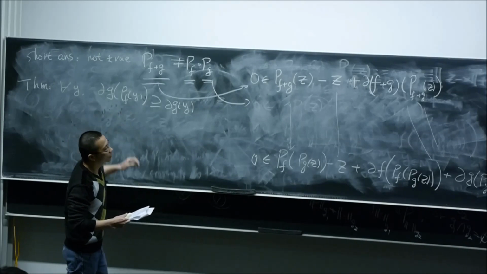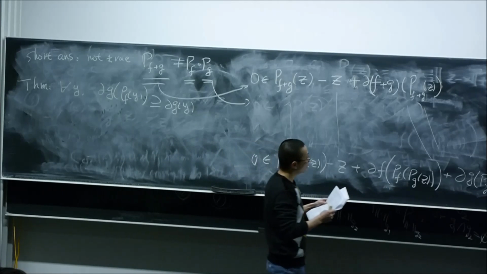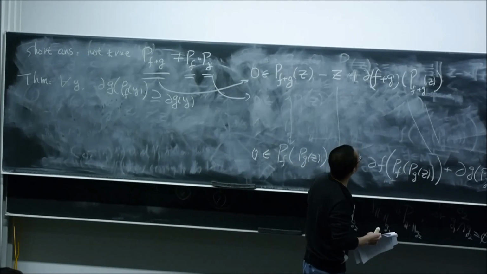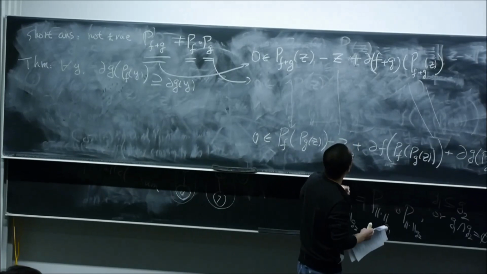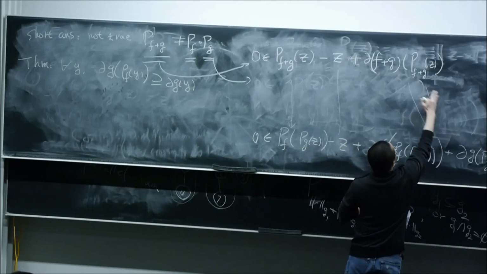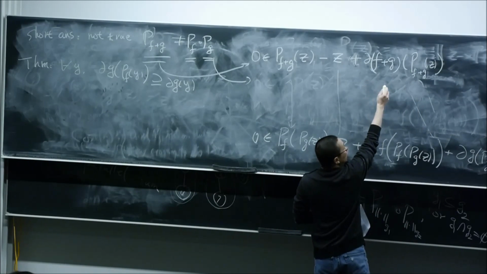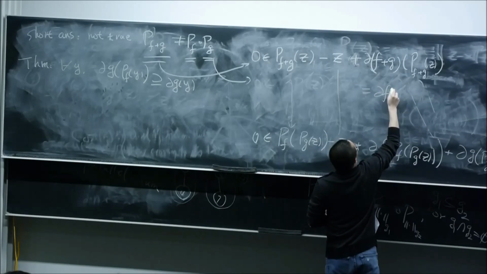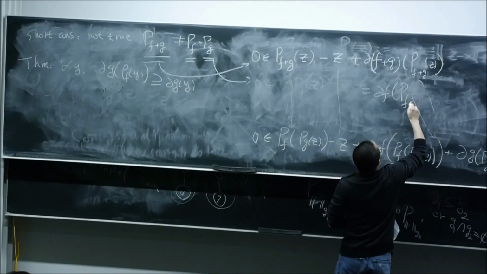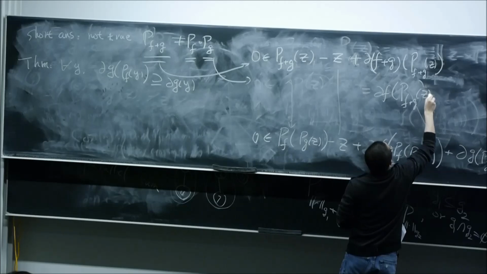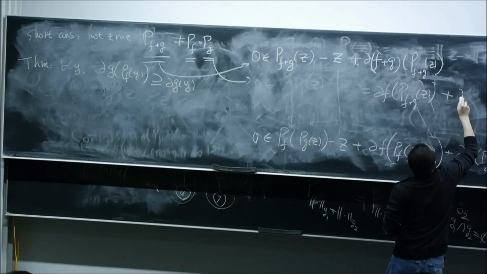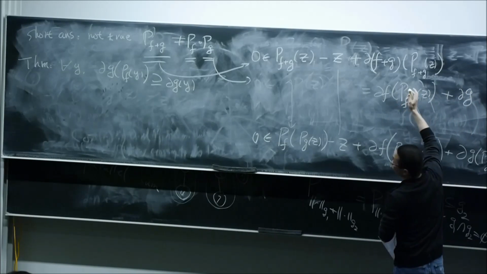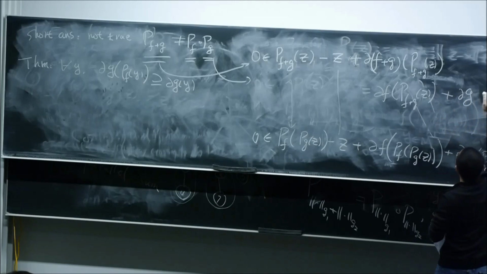Well, if you have this, and let's see. So this one, under very loose conditions, you have this. This is not always true. The subdifferential of the sum is a sum of the subdifferentials, but it's almost always true.